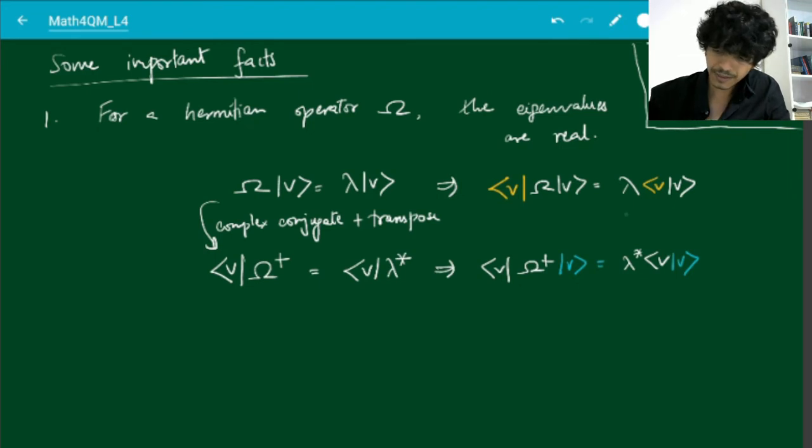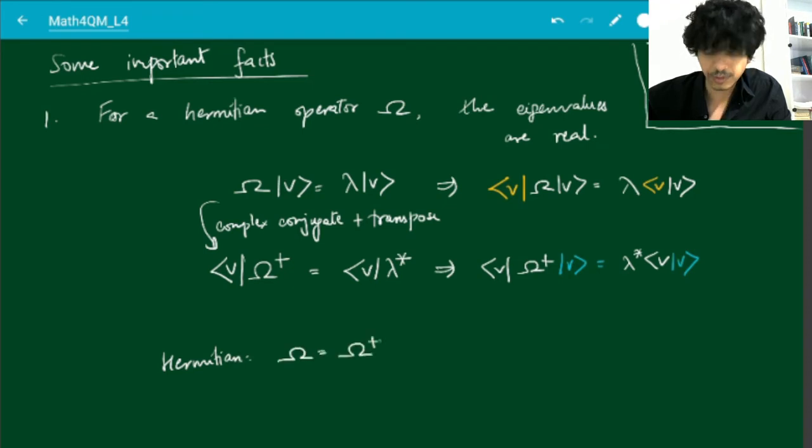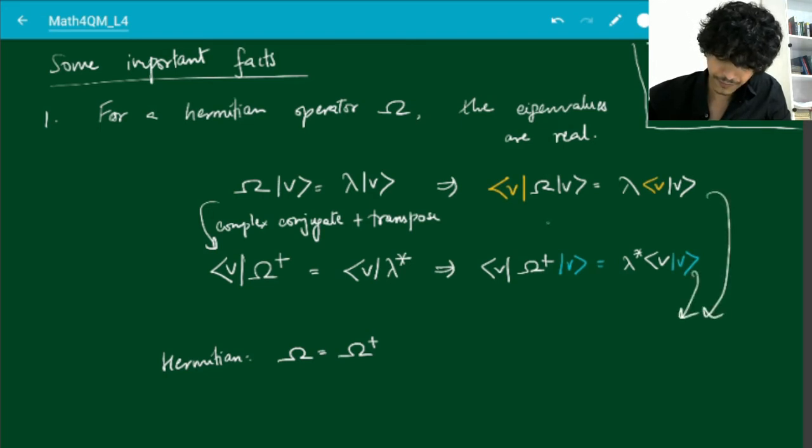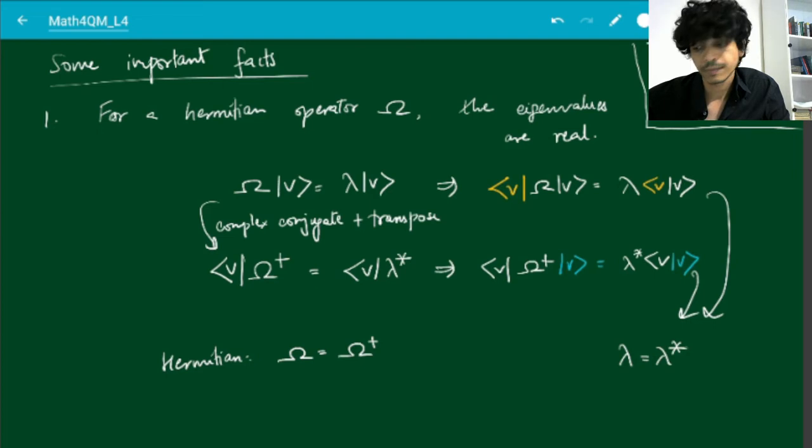Now if you compare these two equations, and given that we are looking at a Hermitian operator, so omega is the same as omega adjoint. That's the definition of a Hermitian operator. So from these two, since the left hand sides are equal, the right hand side should also be equal. Therefore, lambda should be equal to lambda star. Means the eigenvalue and its complex conjugate are the same number. Therefore, lambda has to be a real number.